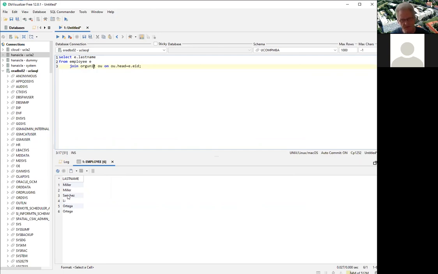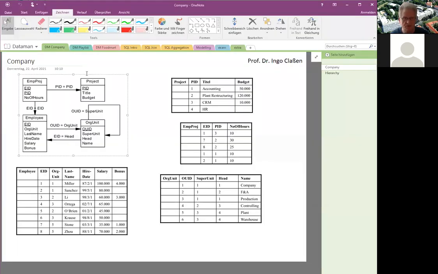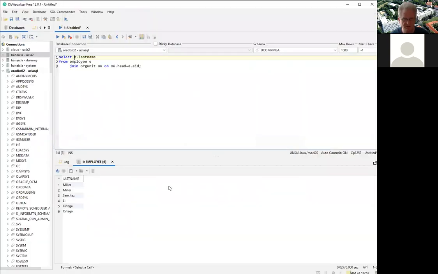And actually I get Miller 2 times here and Ortega 2 times because they are heads of 2 different org units. So if we look at the data here, we see that number 1 is head of 2, and number 4 is head of 2, and 4 is Ortega. Therefore, we get Miller and Ortega 2 times.